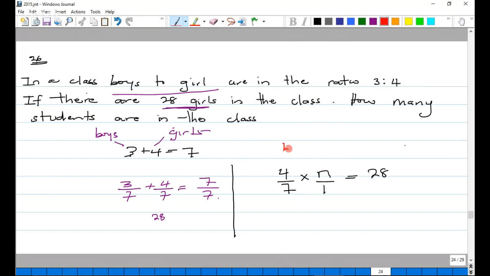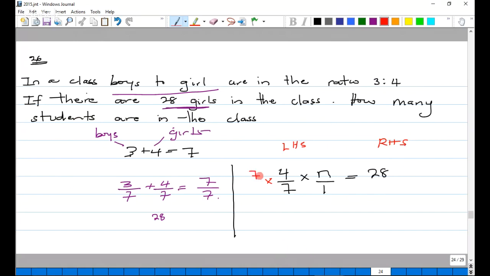So if we consider this to be the left-hand side of our statement, and then we have the right-hand side, whatever is happening over here must be equal to this when we're done. So let's go. We need to get n all by itself. So we're going to multiply this side by the reciprocal of this.